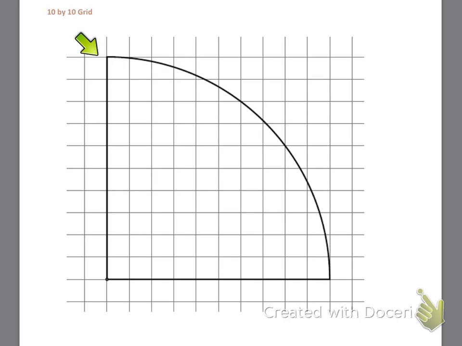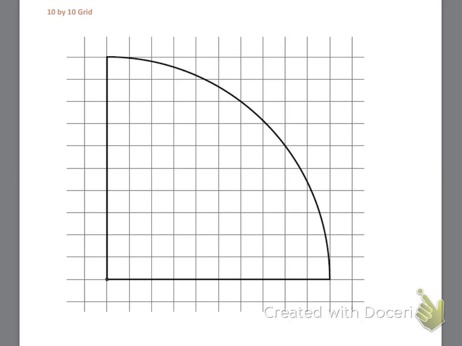Don't try to freehand it because it won't be a perfect circle. If you don't have a compass that large, you could use a string and a pencil. Just hold the string here, and then hold the pencil with the string here, and then swing out this arc. So, however you do it, either use the copy provided or draw your own on graph paper.